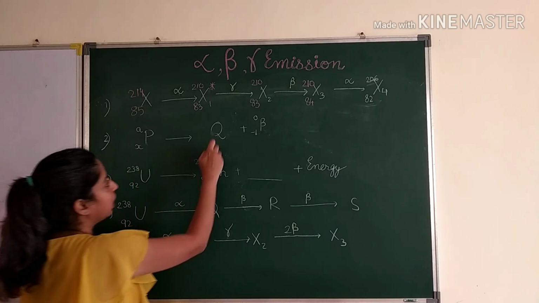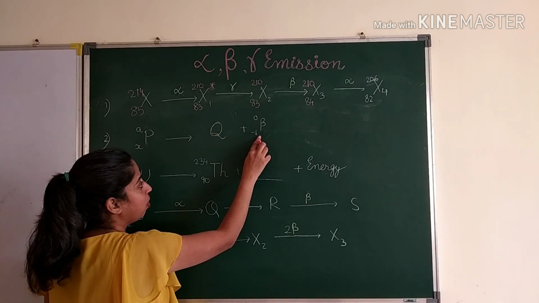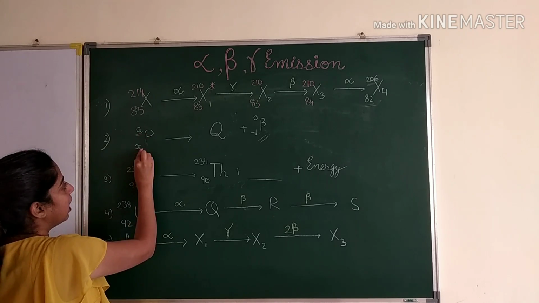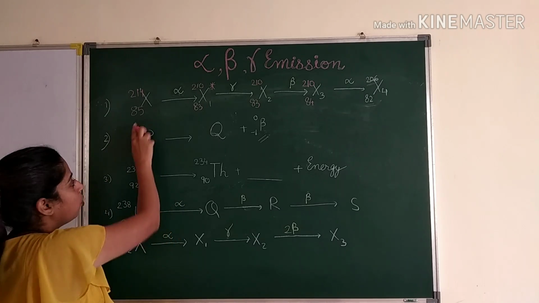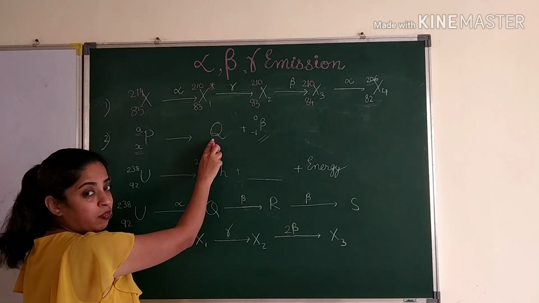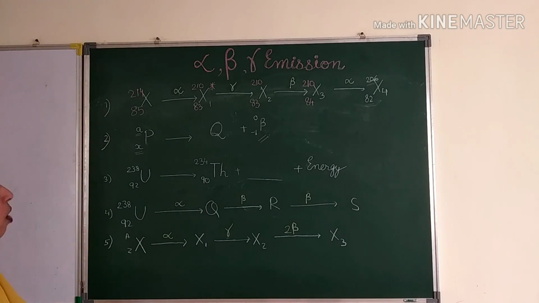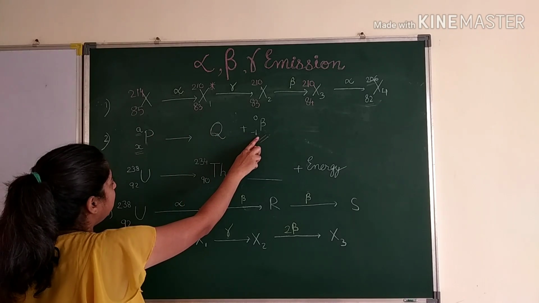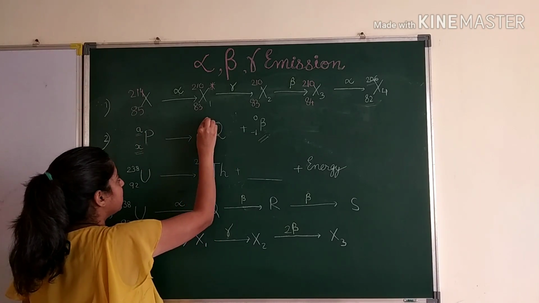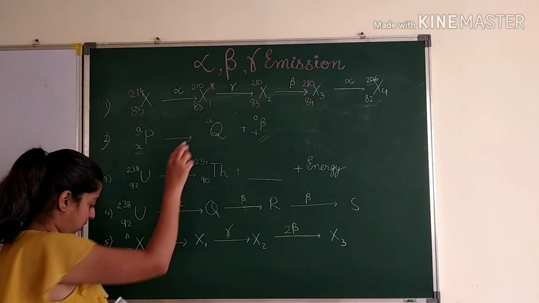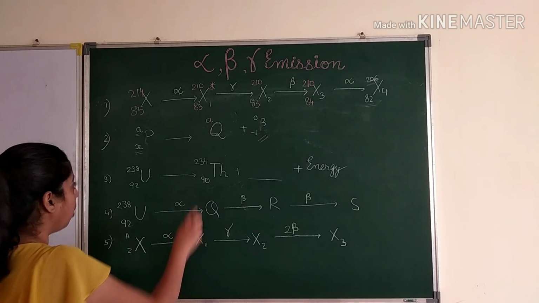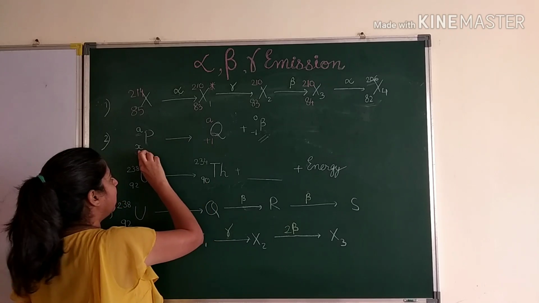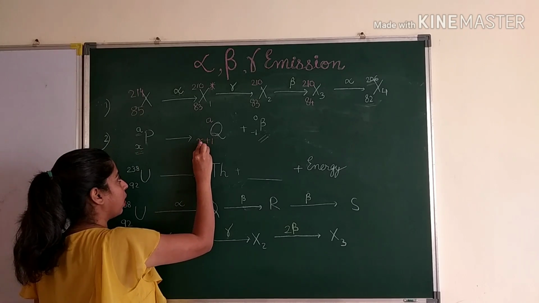P is getting converted into Q by emission of a beta particle. Here they have written A and X, so there are no numbers. So here also we will write the answer in terms of A and X. Since it is a beta particle emission, the mass number remains same, so from A it remains A. Since it is a beta particle, we add 1 to the atomic number, and X was there, so X plus 1.